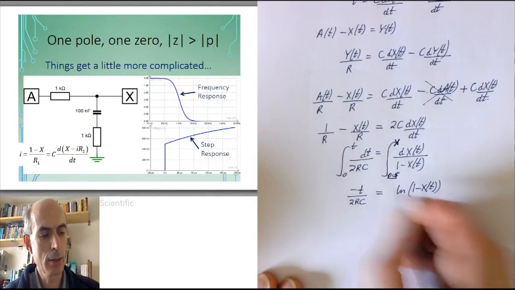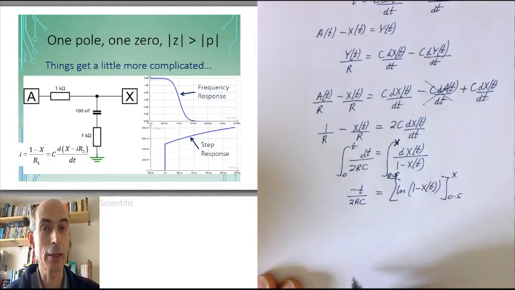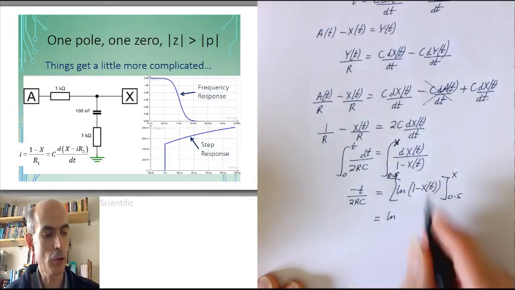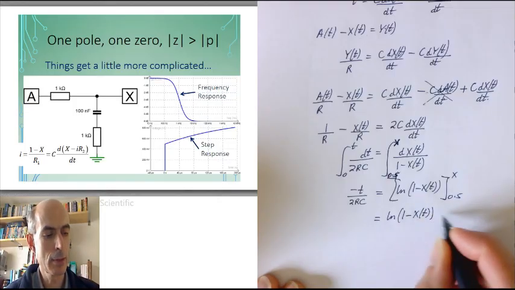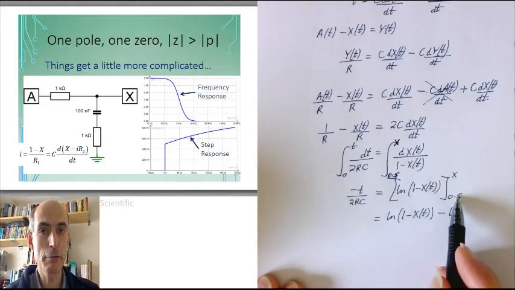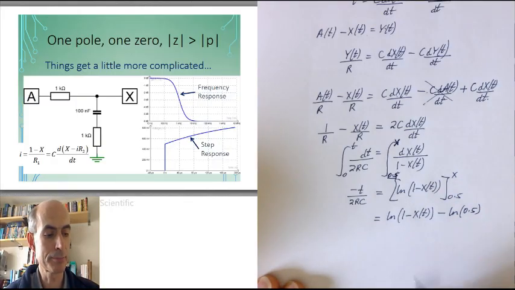So that gets us to minus t over 2RC equals the log of 1 minus x of t evaluated between 0.5 and x, which is the log of 1 minus x of t minus the log of 1 minus 0.5, which is 0.5, minus log of a half.